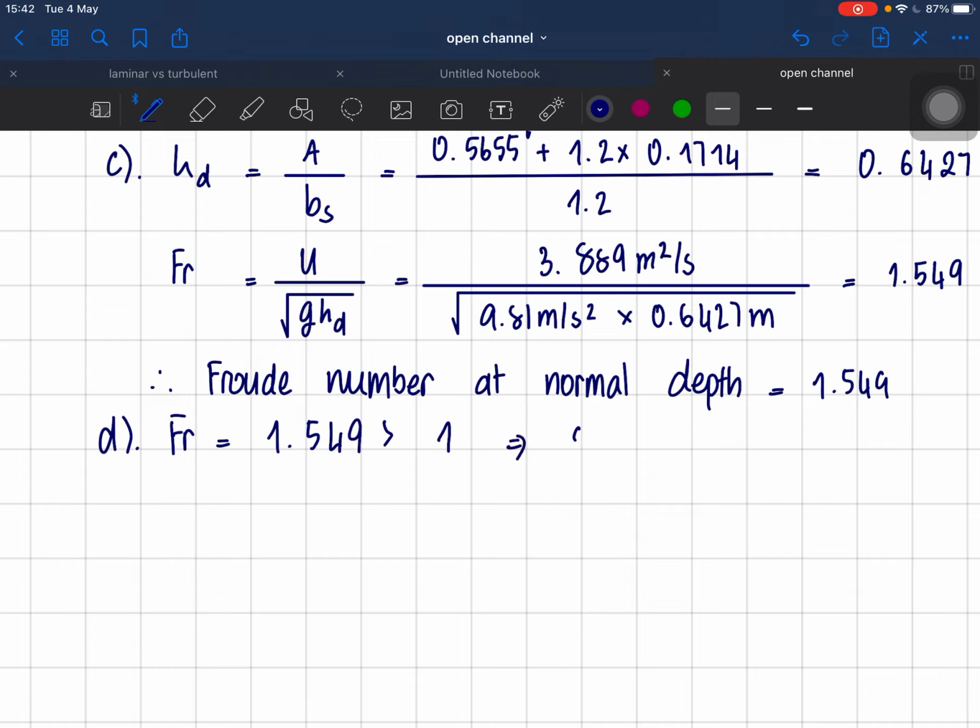So it's supercritical. If it's supercritical, it means that the channel slope is steep. With subcritical, it's mild, but this is larger, so it's steep.